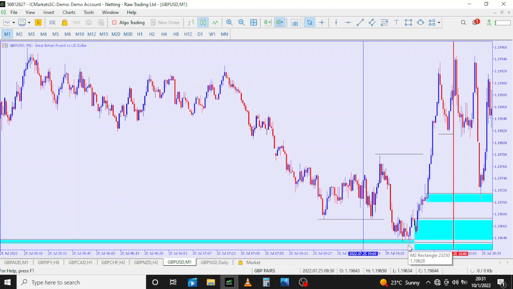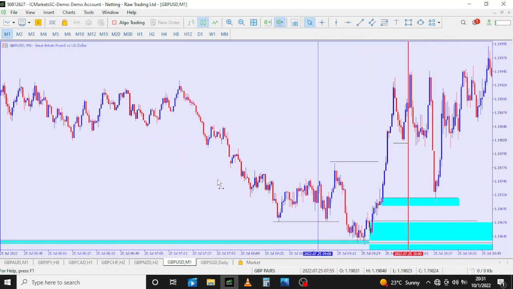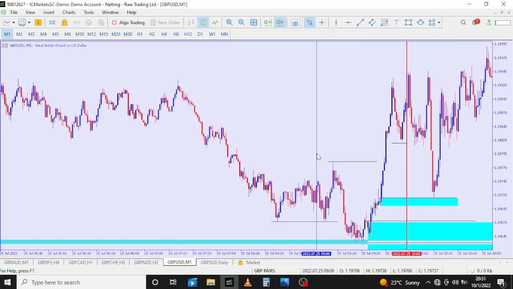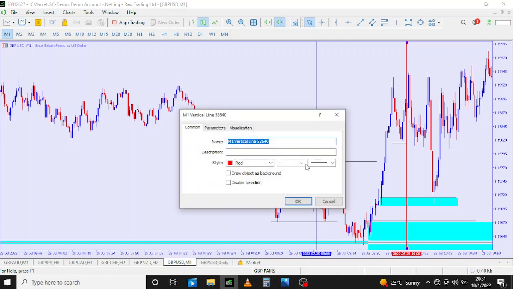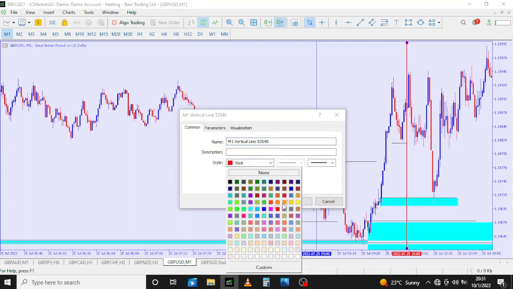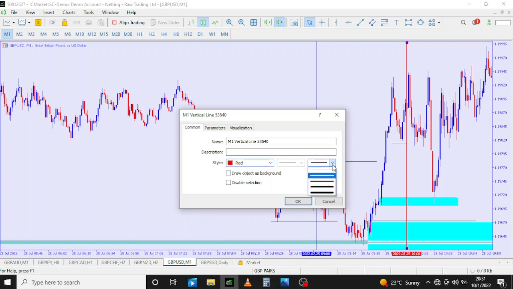And the price, hey guys, the price went back to our point of interest. This is our Frankfurt Open and this is London. I'm going to show you something very interesting.